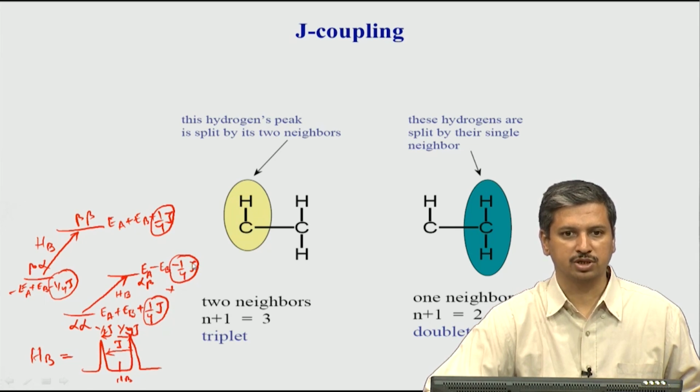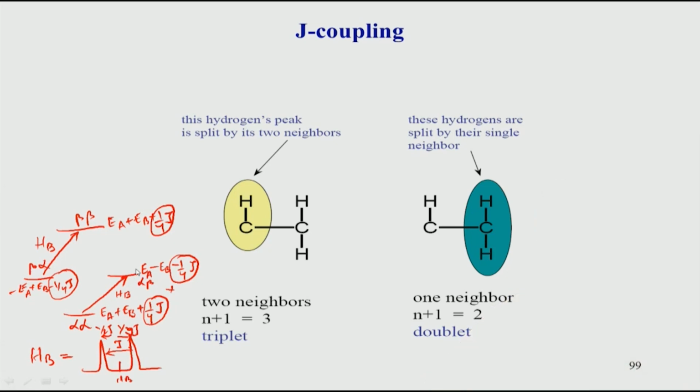It is coming because of this term here, that each of these terms adds some energy to the lower state and subtracts some energy from the upper state. So, these two energy levels have come closer by 1 by 2 J, and these two levels have gone further away by 1 by 2 J. Therefore, this is how we can explain that these two transitions, earlier of the same energy, were one peak. Now, because of the addition of the J coupling value, it has got split into 2 different peaks.